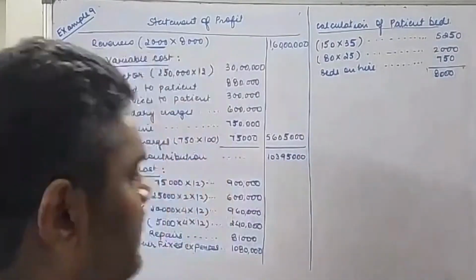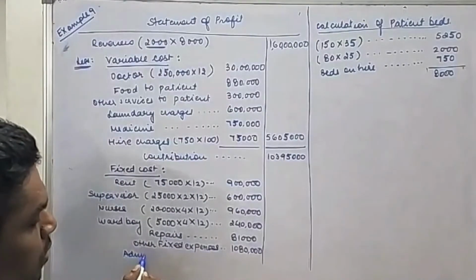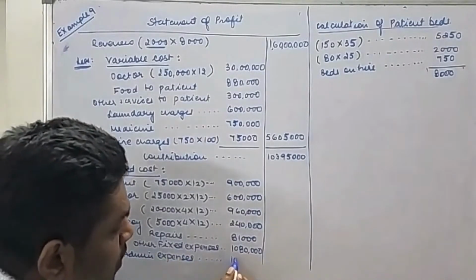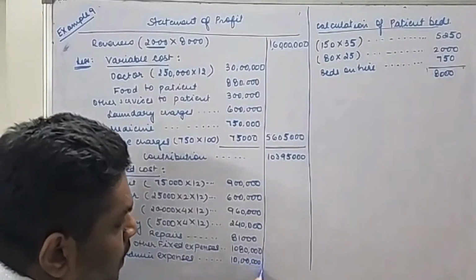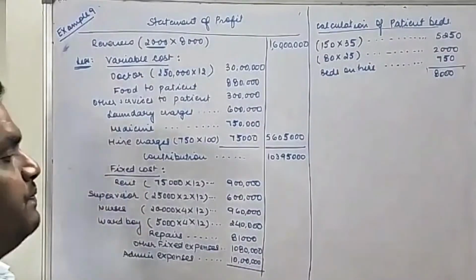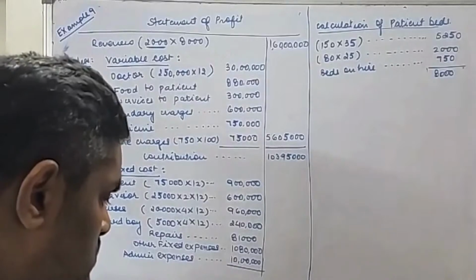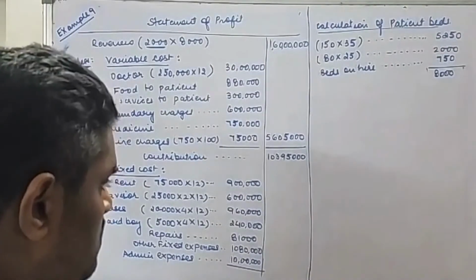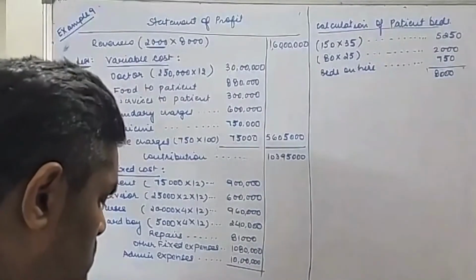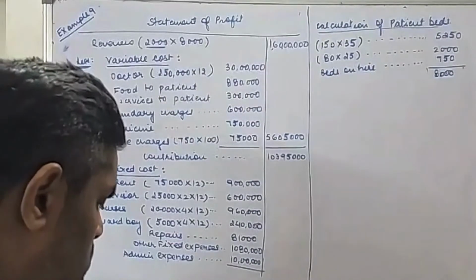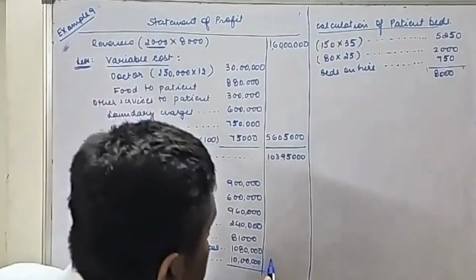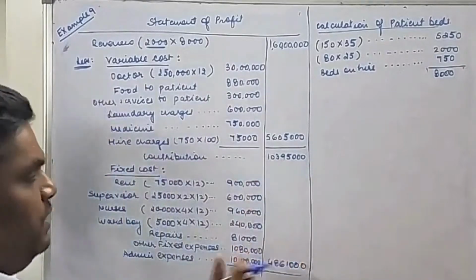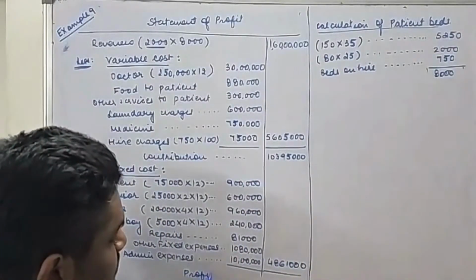Administration expenses, 10 lakh. So this will be 48,61,000. So contribution minus fixed cost will be my profit.